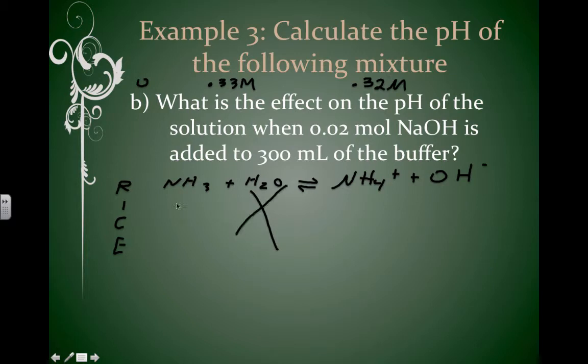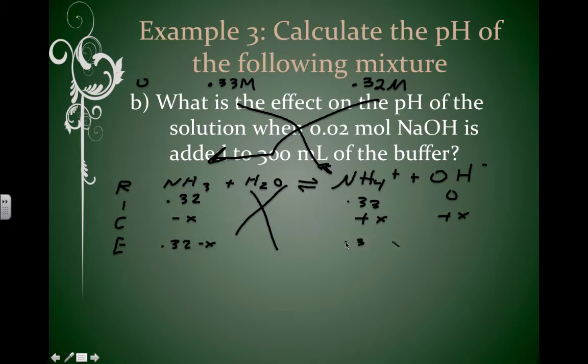So we get 0.32 molar here and 0.33 molar there. I have it written all crazy like. So that was this number and that was this number. And then I lose some ammonia and I form some ammonium and I form some hydroxide. So at equilibrium it is 0.32 minus X and then 0.33 plus X and X.